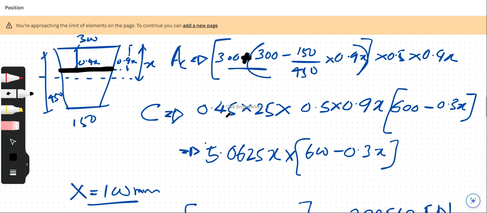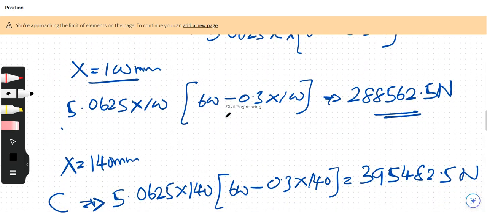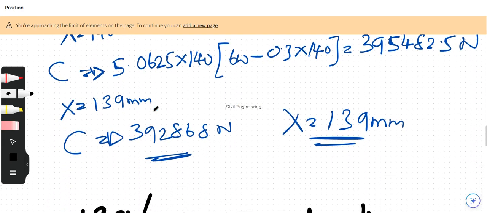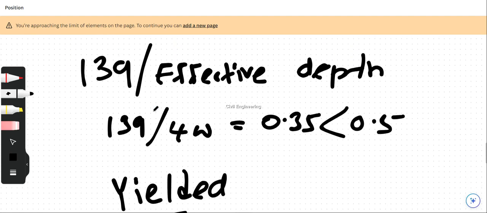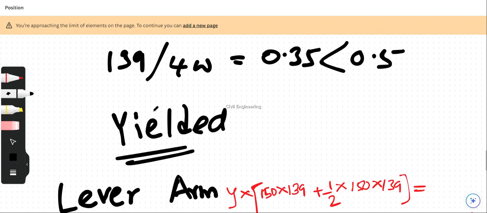By using that, we can find the value for x or the neutral axis. By using these values for the neutral axis, we can prove our assumption, as the neutral axis to effective depth ratio is 0.35. As that is lesser than 0.5, we can prove our assumption is correct, as the steel is yielded.